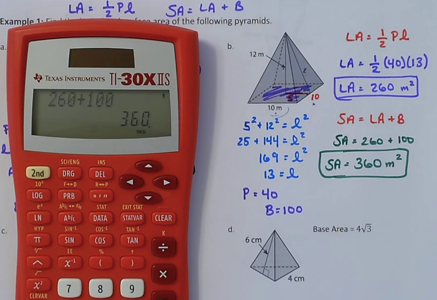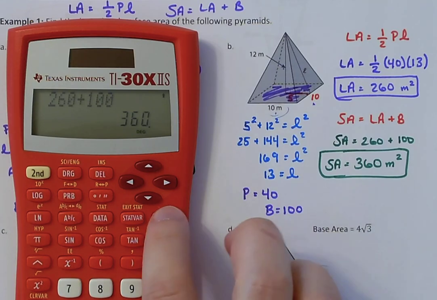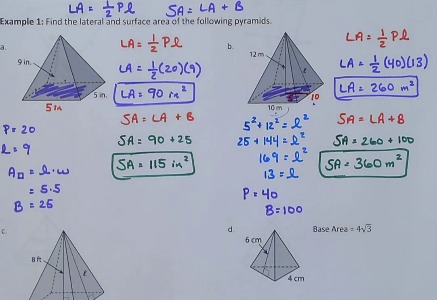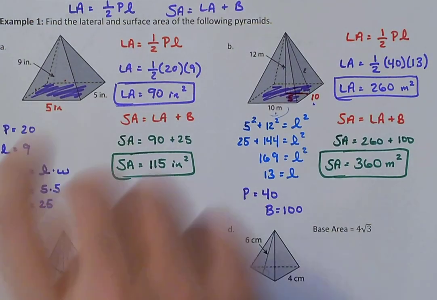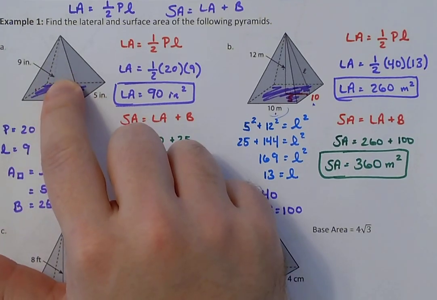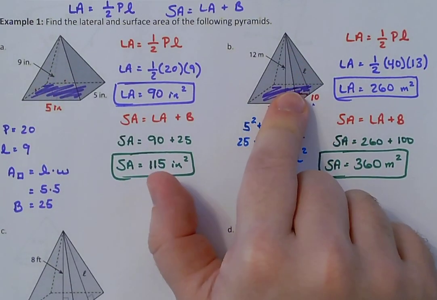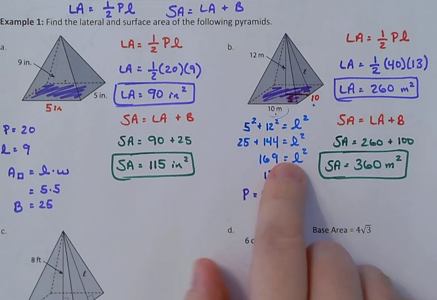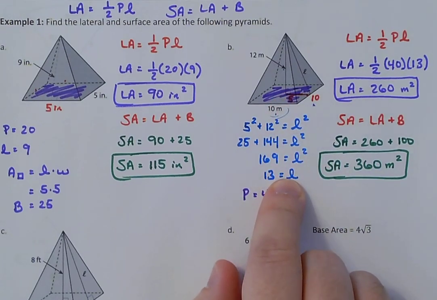All right, so that is how you go through and figure out lateral and surface area. Remember, lateral area is 1/2 times the perimeter of the base times the slant height of the pyramid. Sometimes they will tell you the slant height, and sometimes you have to use the Pythagorean theorem to figure out your slant height.